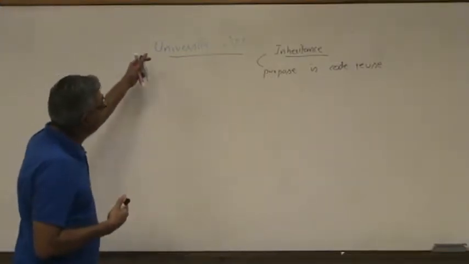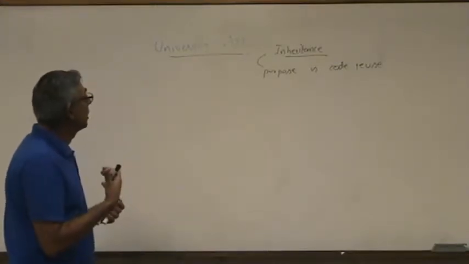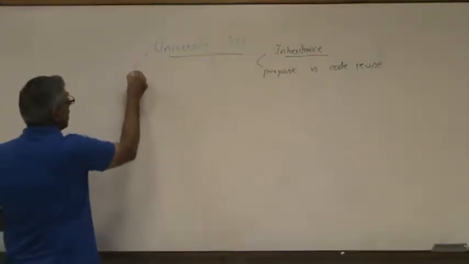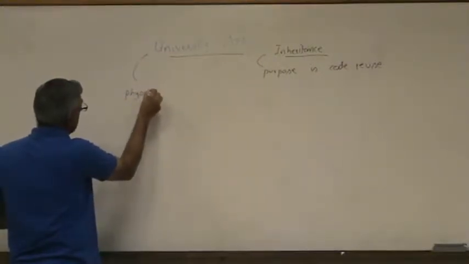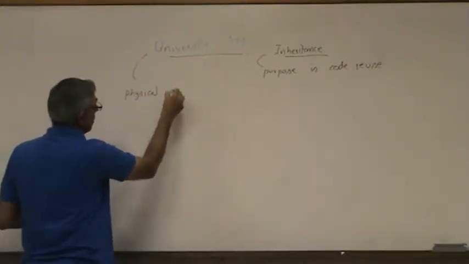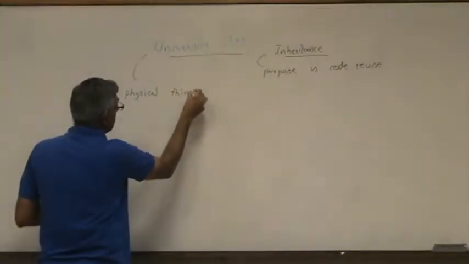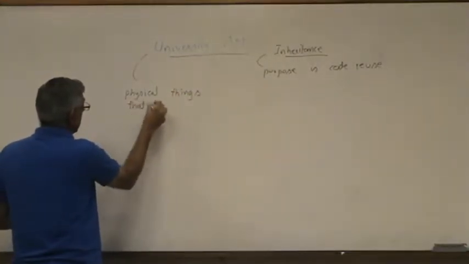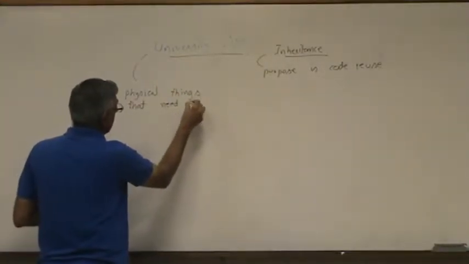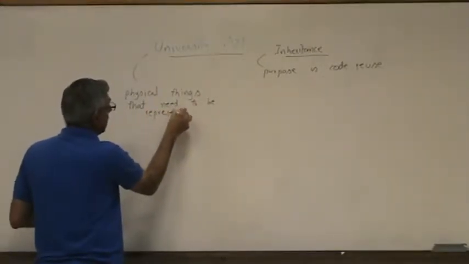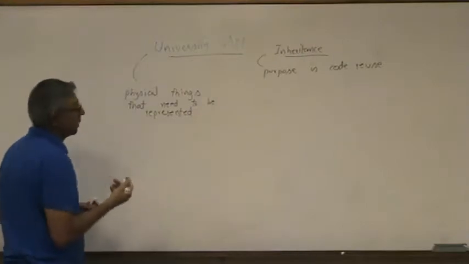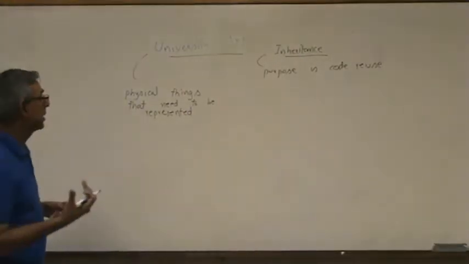For example, if you have to create an application for a university, you start taking a look at what are the physical things that exist in this university, the physical things that need to be represented. Obviously students are a big part of the university.